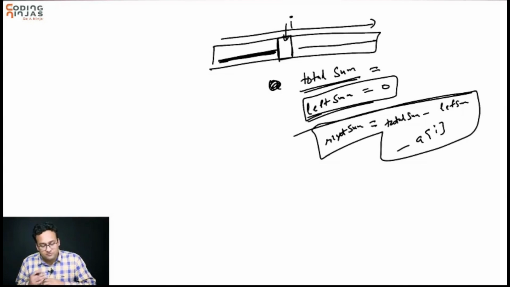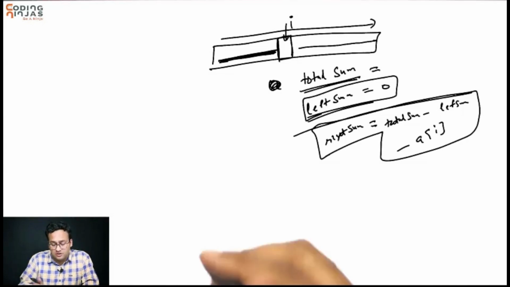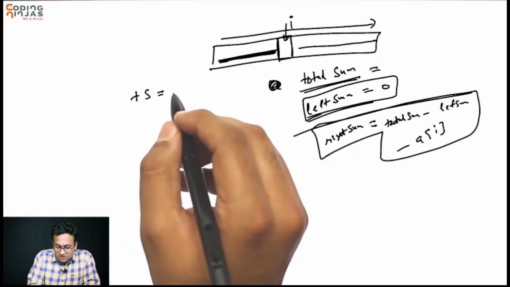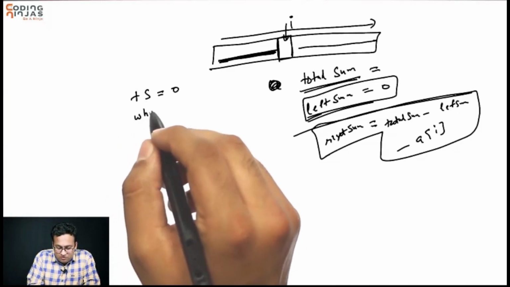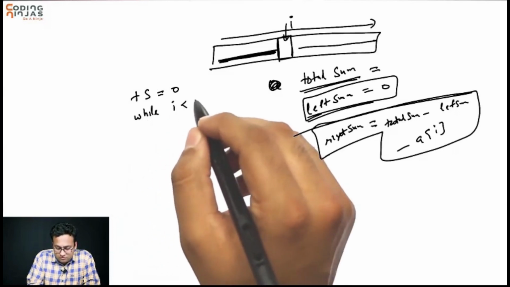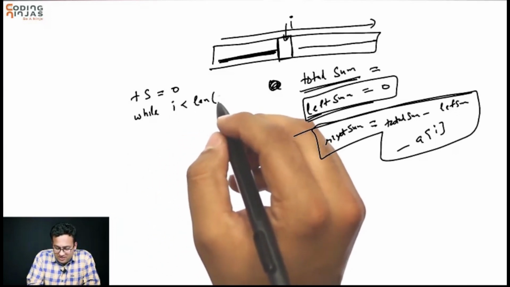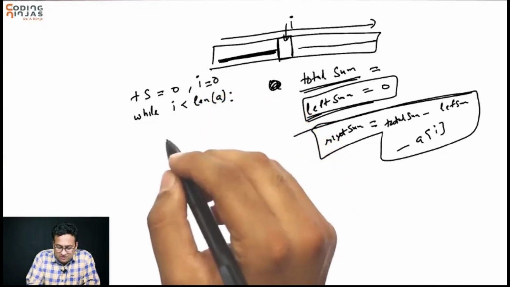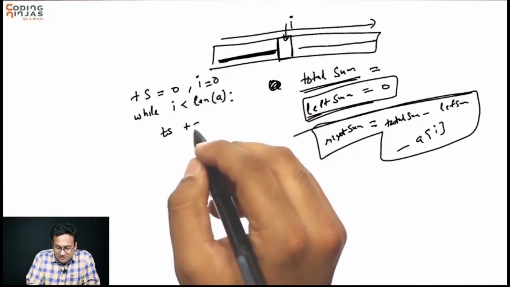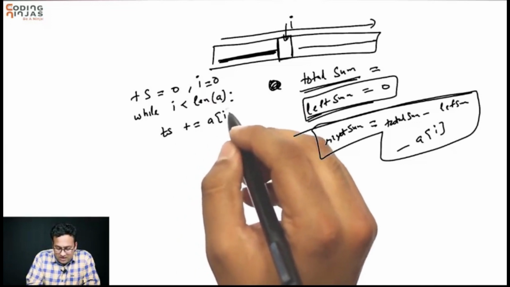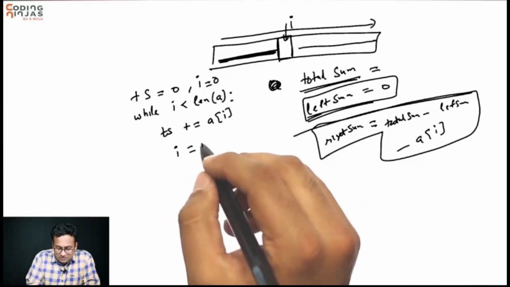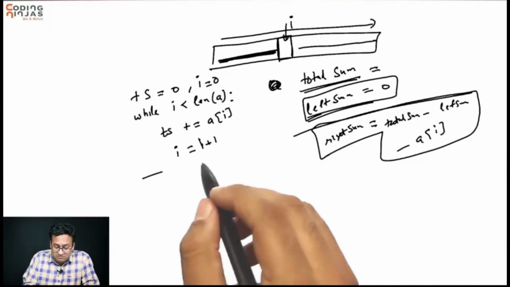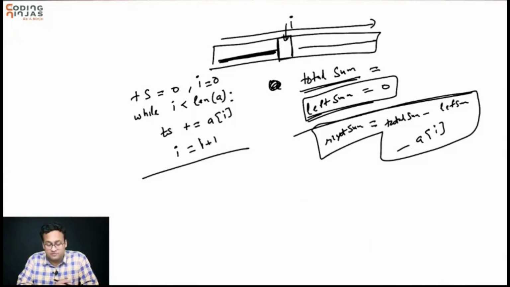Okay, let's write some pseudocode for this. Okay, so initially total sum is 0. I will go through the length of my array, let's say A. I is 0 as well. I'll do total sum plus equal A of I, and I equals I plus 1. So basically now you have total sum with you.